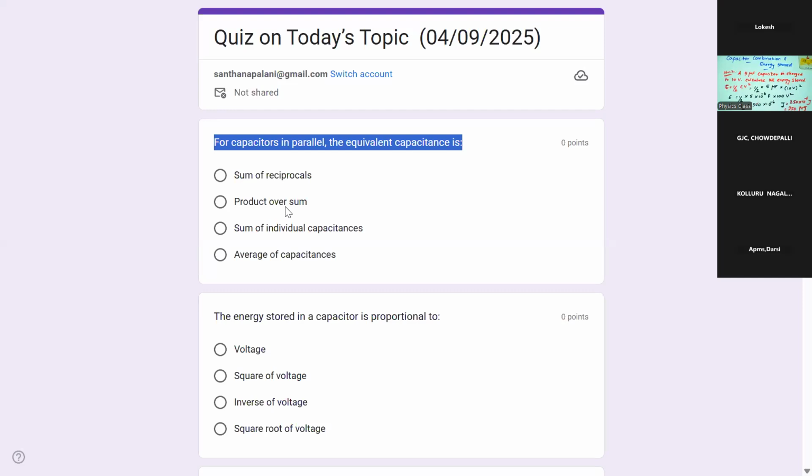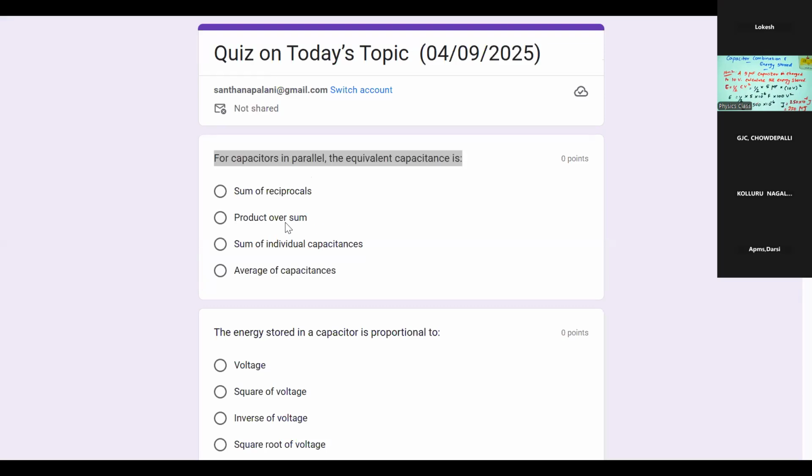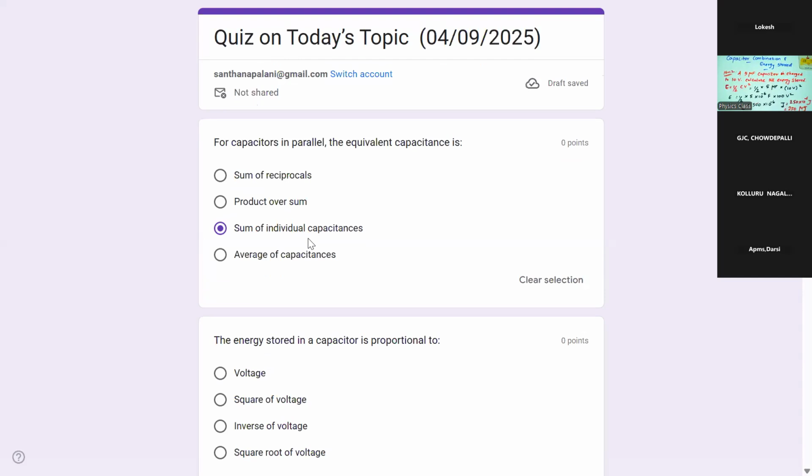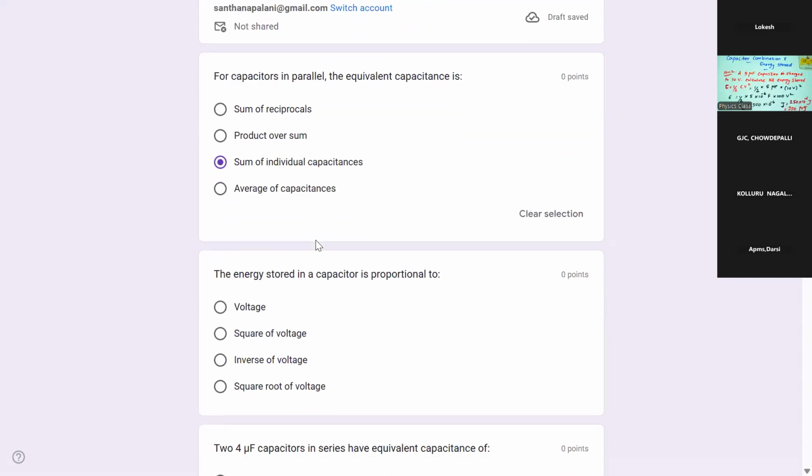So the equivalent capacitance is the sum of the individual capacitances. 1 farad plus 1 farad connected in parallel, we will get 2 farad. Very important one.